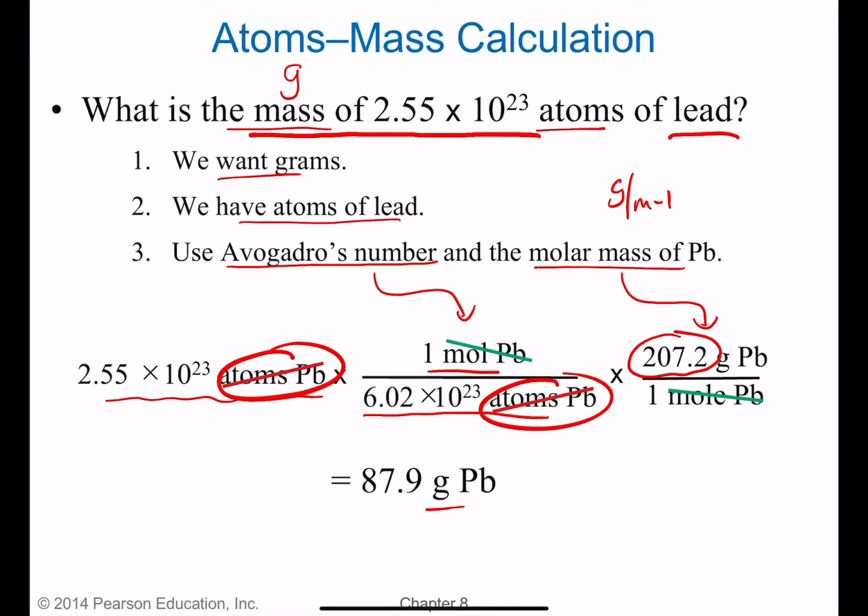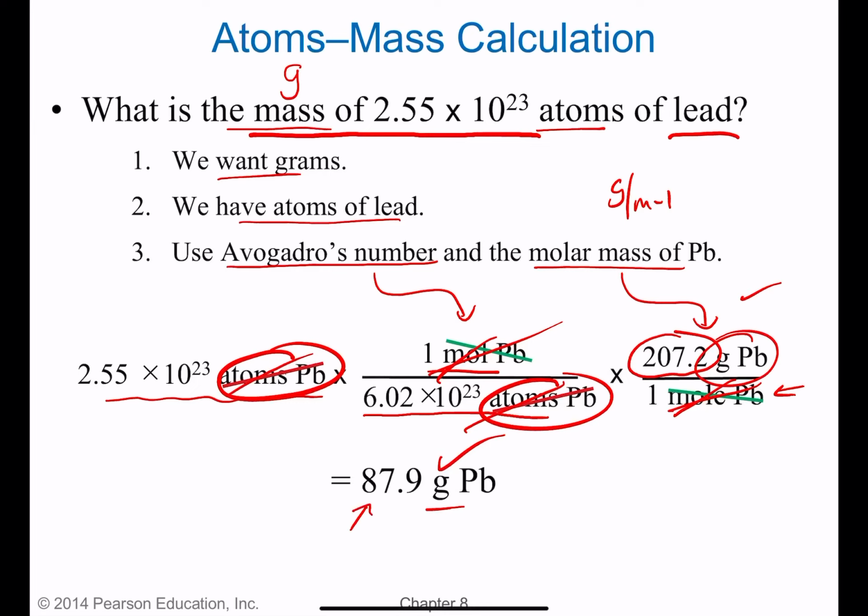You find lead from the periodic table, it's element number 82. ptable.com says 207.2, exactly what the slide has. It's 207.2 grams per 1 mole. We put the mole part on the bottom so that the units could cancel with what we had over here. And then just in terms of units, atoms canceled, moles canceled, we're left with grams, which is what we wanted.